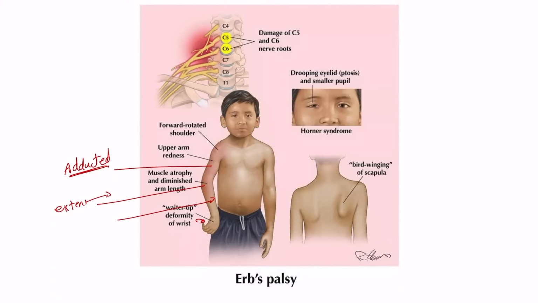The forearm will be pronated, and also the wrist will be flexed, with sort of ulnar deviation.